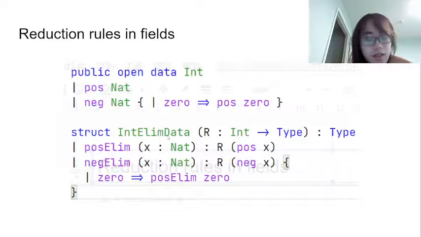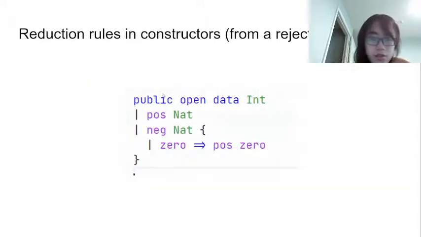And basically, if you don't understand what's going on, you just need to know that we have added reduction rules to inductive type constructors, and for some reason, we also think it's necessary to add reduction rules in record fields. So how is this thing useful?